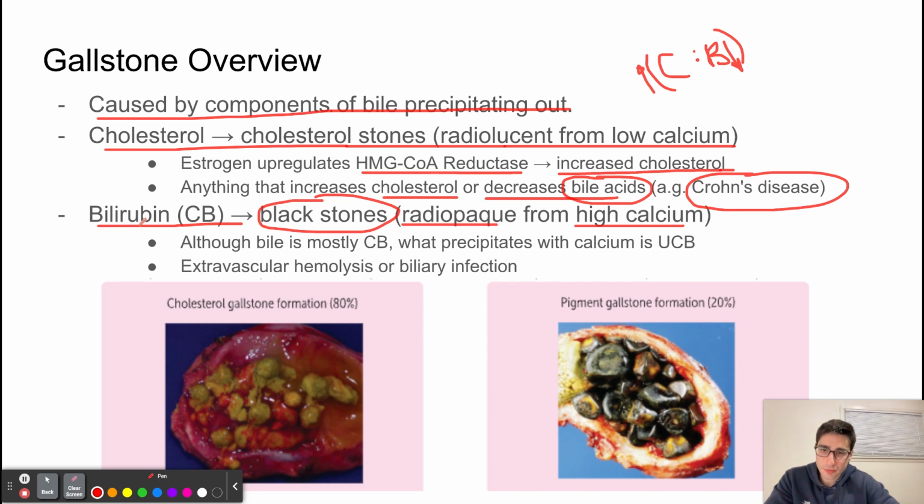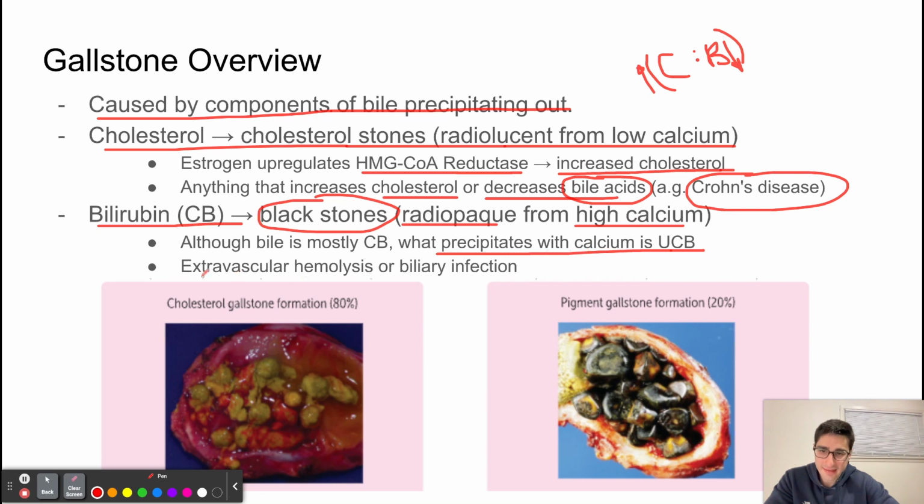And remember that with bilirubin stones, what is going to precipitate out is going to be the unconjugated bilirubin. And it is going to precipitate out with calcium, as unconjugated bilirubin can form insoluble complexes with calcium in the bile.